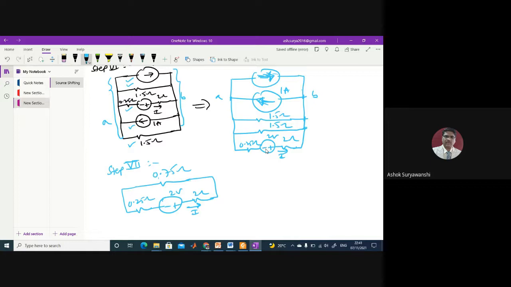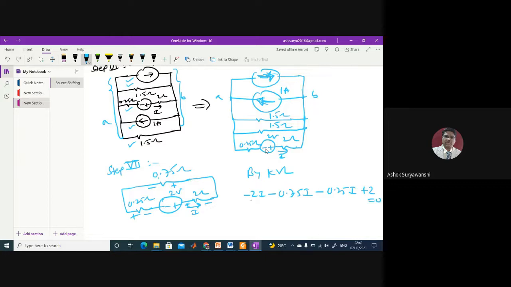So how can we find it? There are two ways. One is by KVL. So using KVL, this is plus to minus, this is plus to minus in the direction of current. I think now you should not make a mistake here. So let us start from the 2 ohm resistor. It is minus 2 into I, plus to minus is minus 0.75 into I, then plus to minus, minus 0.25 into I, minus 2 plus is plus 2, equal to 0.